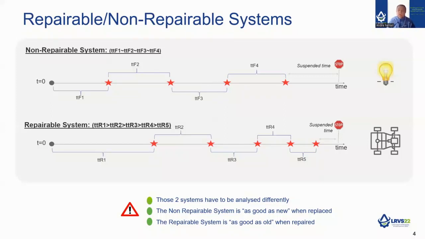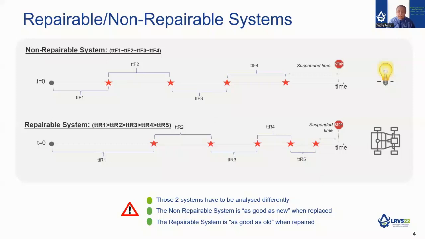So when one component is replaced, the life of the system, or if you want, the next failure interval will be shorter than the last one, as represented in this diagram. So in essence, failures in a repairable system will happen more and more frequently over time. I have highlighted those 2 types of systems because they are important when we do a PF curve.